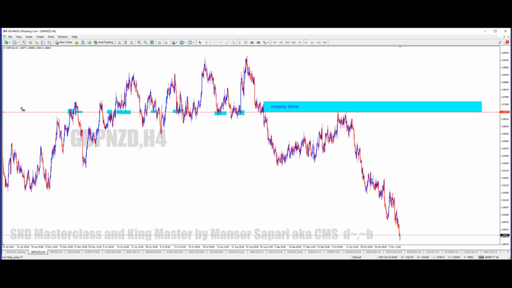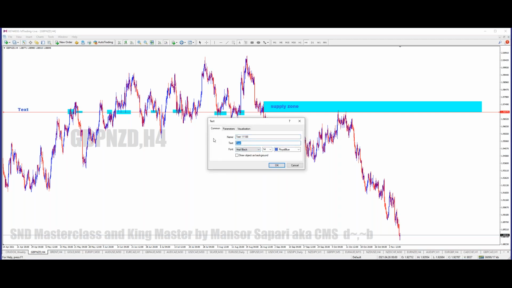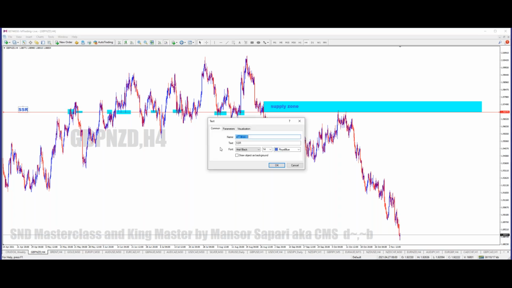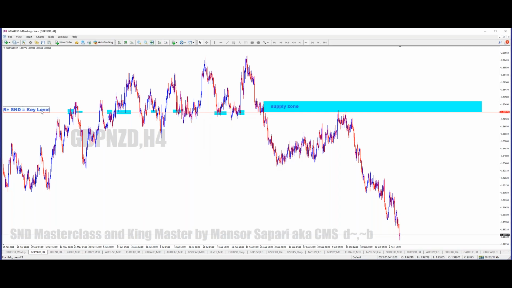So this is your SSR, significant support and resistance line, without the supply zone. But once you combine with the supply zone, it is already a key level, because SSR plus SND is equal to key level.